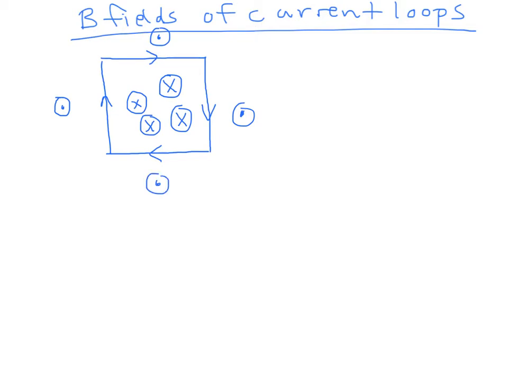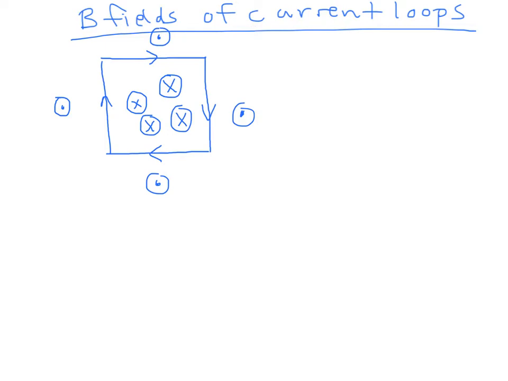Now if you take the fingers of your right hand and curl them in the direction of this current, you'll find that your thumb points into the board, which is the direction of the magnetic field inside. And that is the general rule for determining the direction.